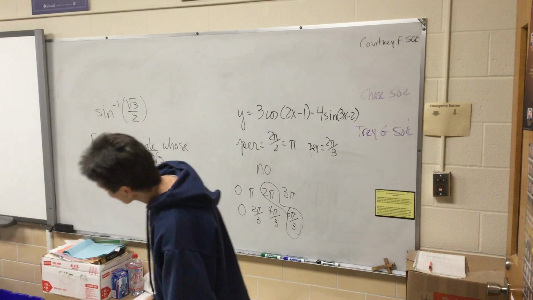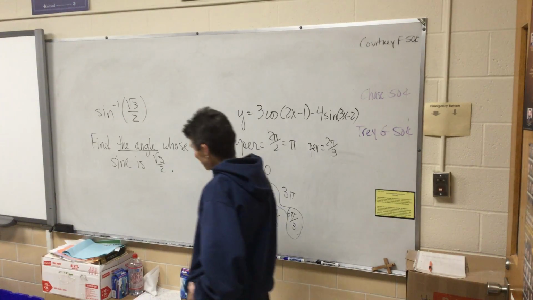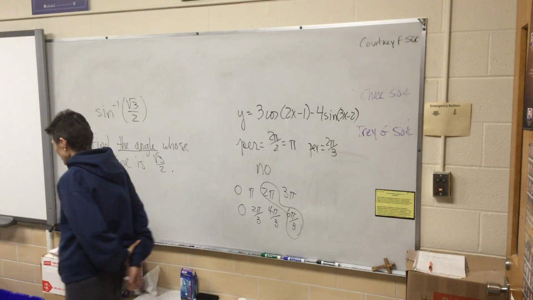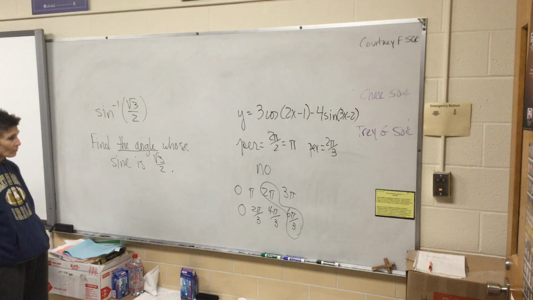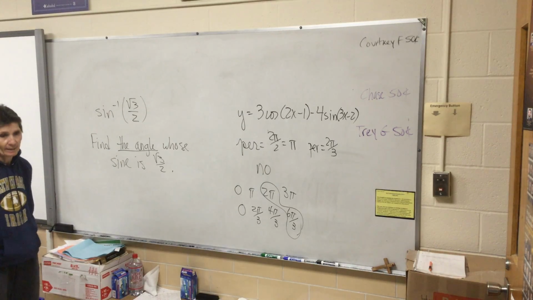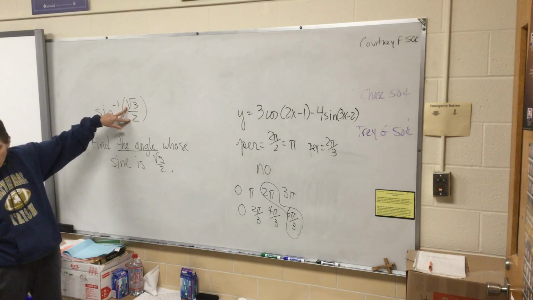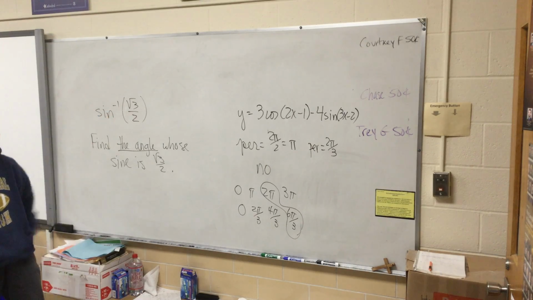Find the angle. There's only one answer to this question. Your calculator would give you the answer, but we are going to do it without a calculator, and I bet you can see why these are kind of special numbers.